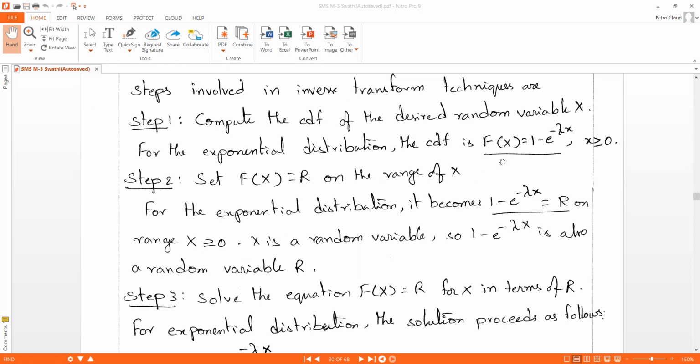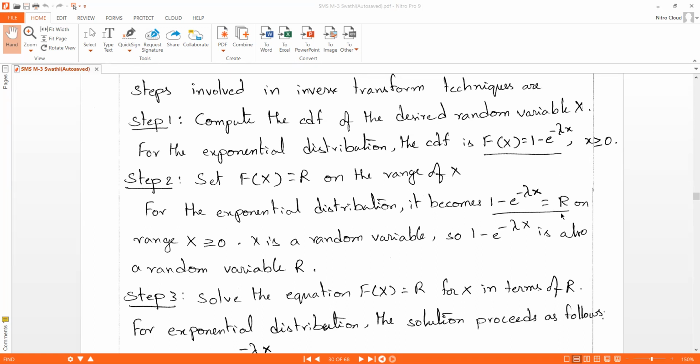F of x is 1 minus e power minus lambda x when x is greater than or equal to 0, so we can write F of x equal to r as 1 minus e power minus lambda x is equal to r.